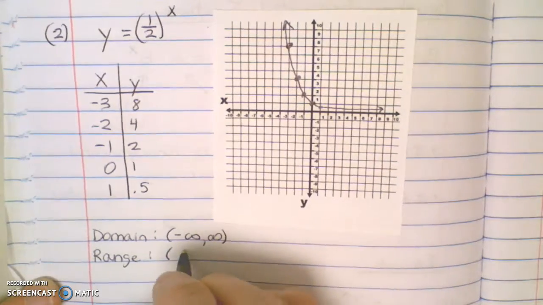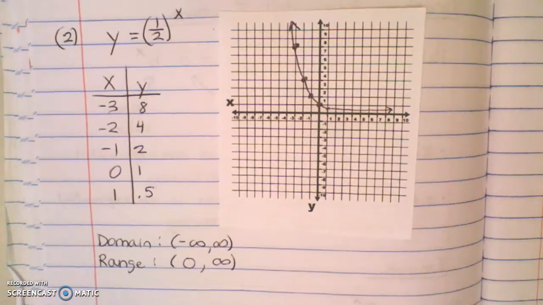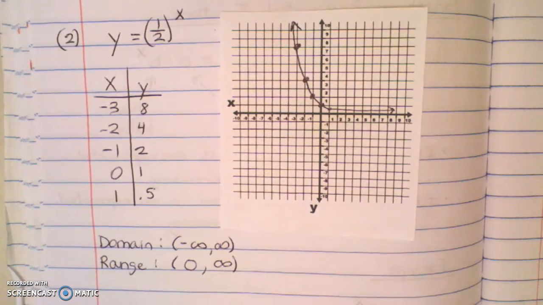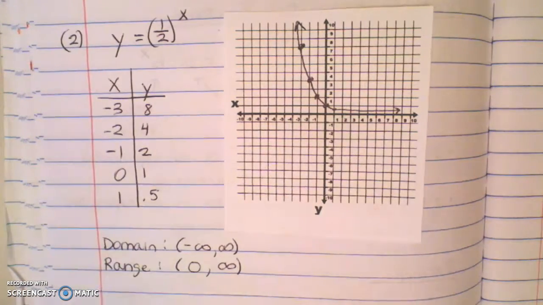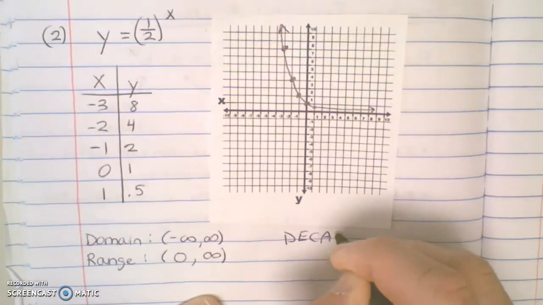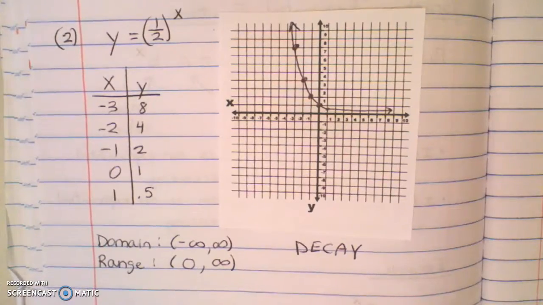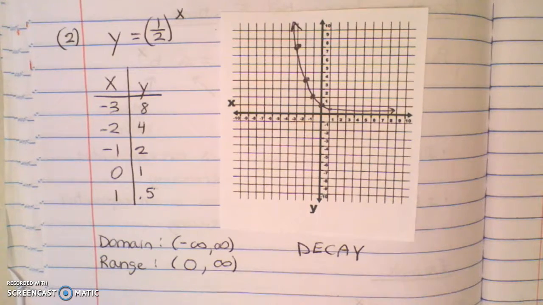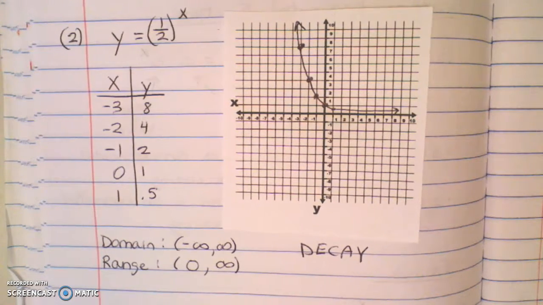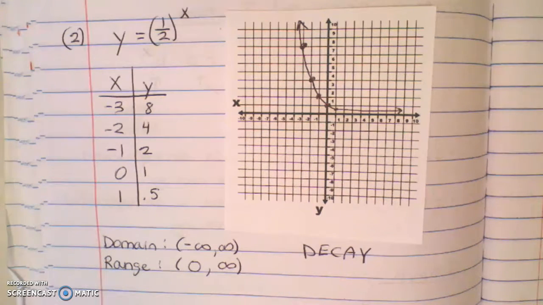So again, this is going to be 0 to infinity. It's just kind of the reverse of the growth function. And this one you can label as decay, because it's decreasing. And that's graphing exponential growth and decay. We're going to look at one more example where I just change one little number to see how it impacts the graph. But then it should make sense as we look at the problems.